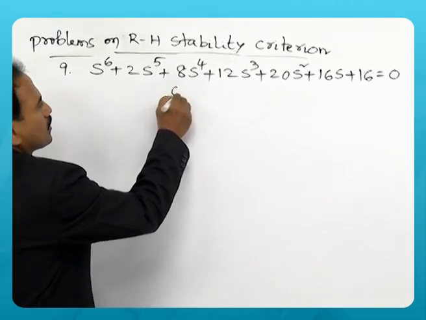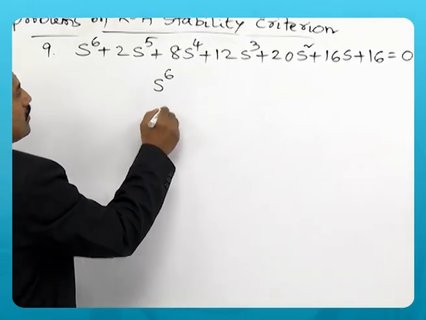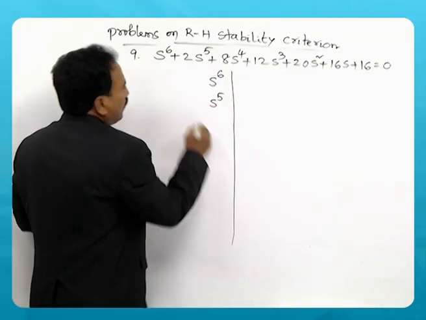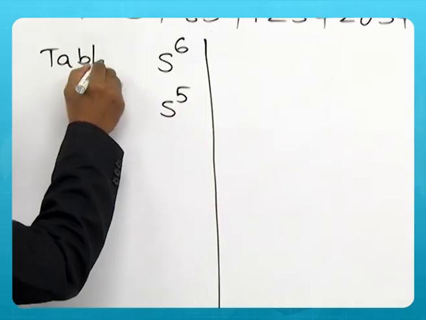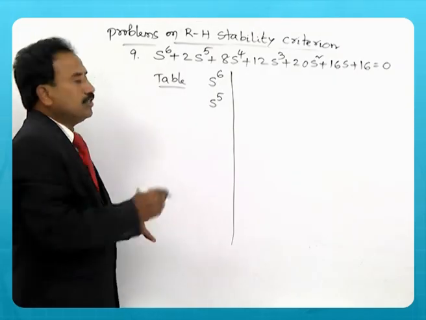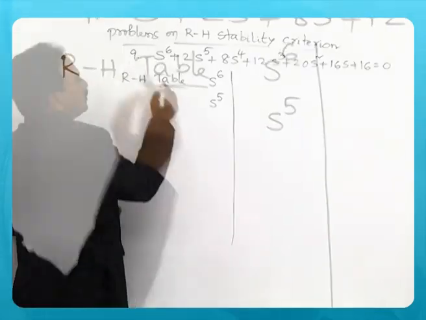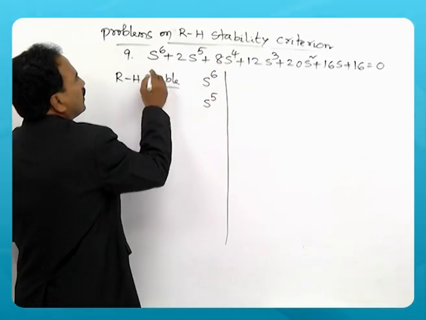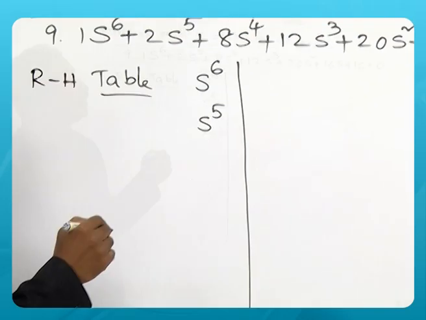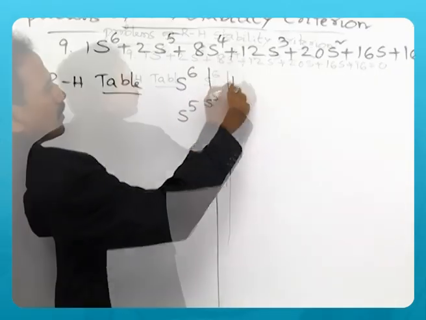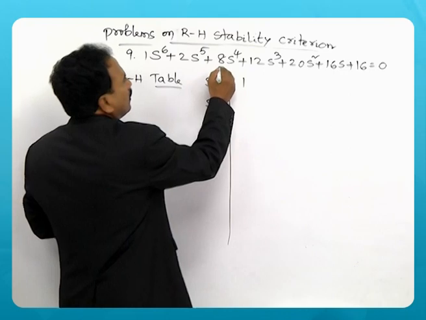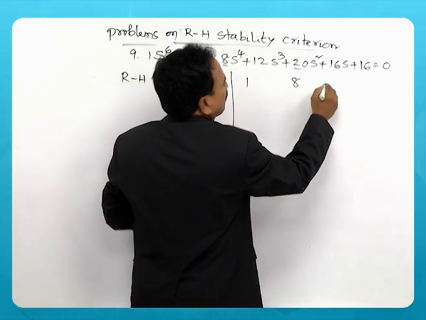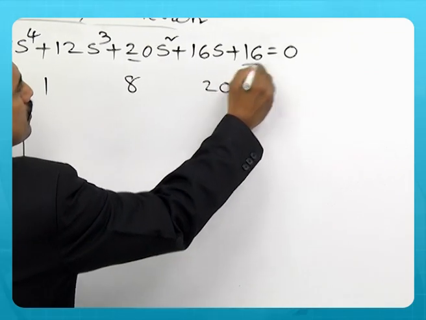Starting from the s power 6 row, then the second highest, s power 5, you need to form the table. This is called the R-H table. So how to choose the s power 6 row elements? From the given characteristic equation, start from the coefficient of s power 6, which is by default 1, then 8, then 20, then 16.